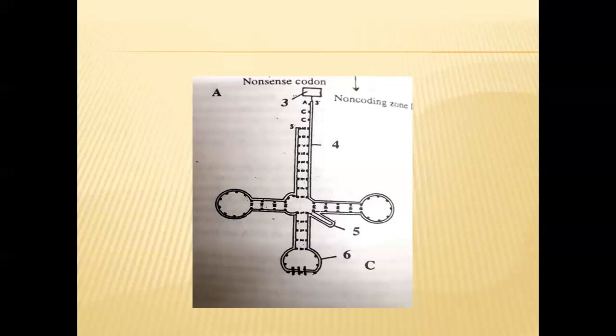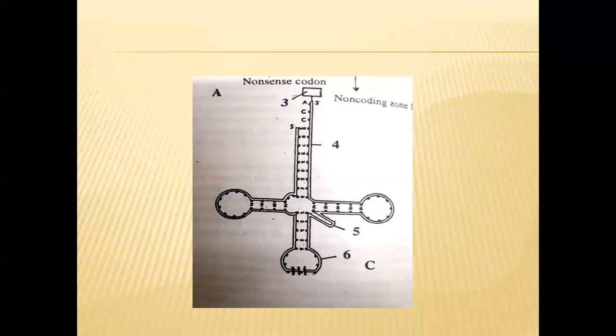And the next 2 loops, which are present on either side, left and right, are called lateral loops. In these lateral loops, 1 loop helps in recognizing the ribosome. And the second, that is the left side loop, helps in identifying the enzyme. Which enzyme? That enzyme which activates the amino acid.